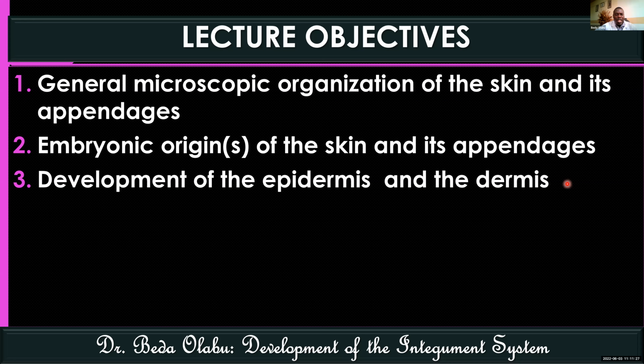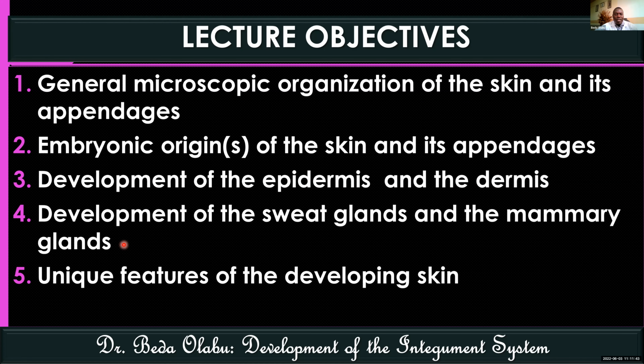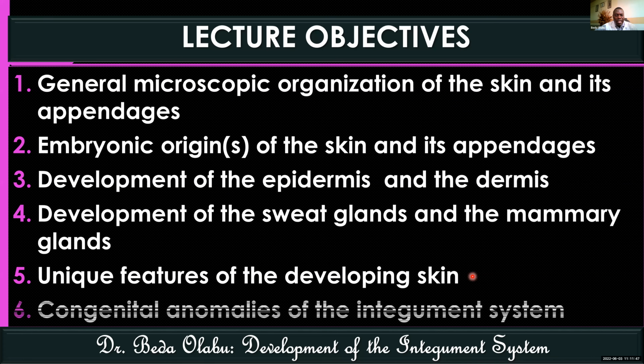We'll then talk about development of the epidermis, and we'll also talk about development of the dermis. After that, we'll pick on the glands of the skin, and in particular, talk about development of the sweat glands and that of the breast. We'll talk about some unique features about the developing skin, and we'll finish with the congenital anomalies of the integument system.